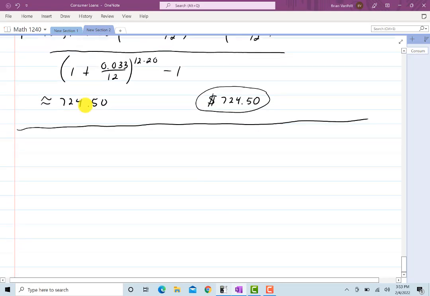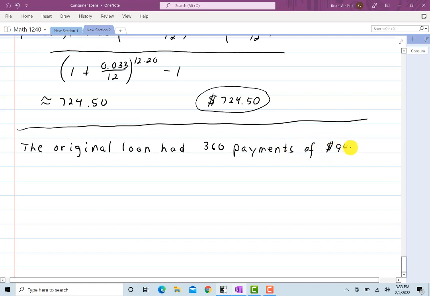The original loan had 360 payments of $948.10. If I take the total cost of owning through that loan, that would be 360 payments times 948.10. Let's see how much that would have been.